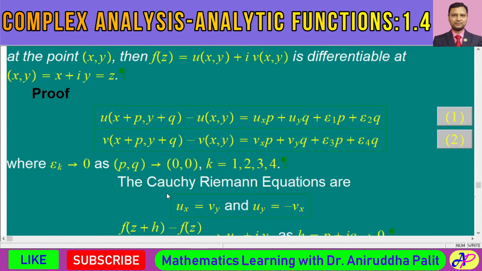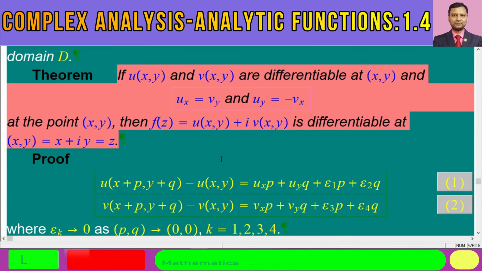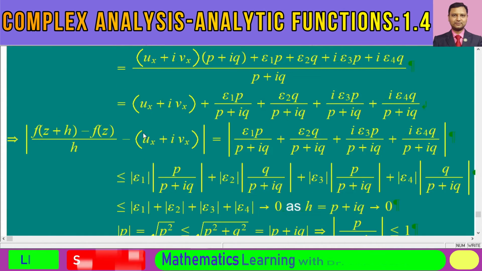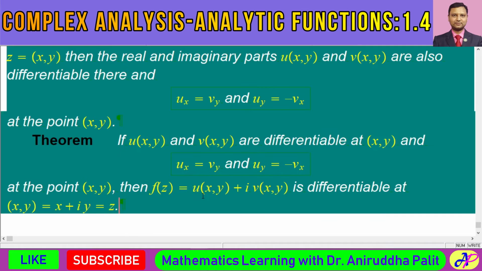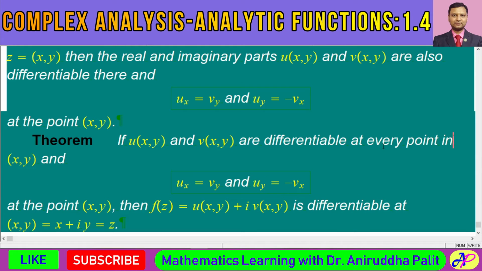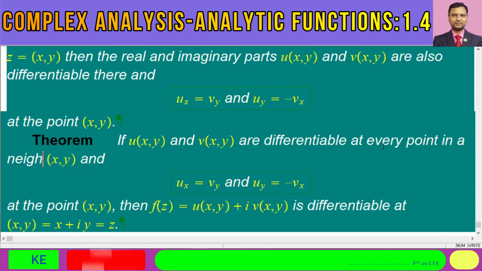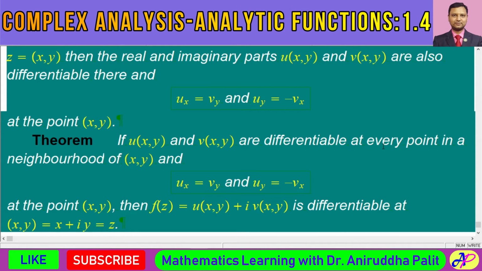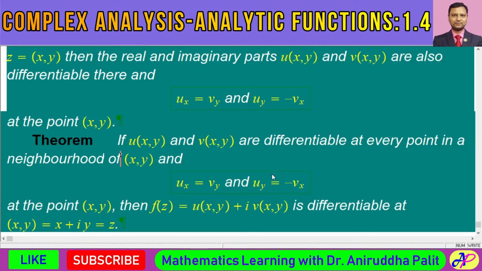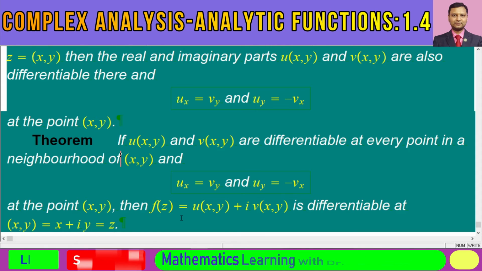Similarly, if we need to modify the statement of this sufficient condition, then how to write the statement? You see, if u and v are differentiable at the point x y, rather we should say at every point in a neighborhood of x comma y, because here we should finally say that the analyticity is defined at the point.